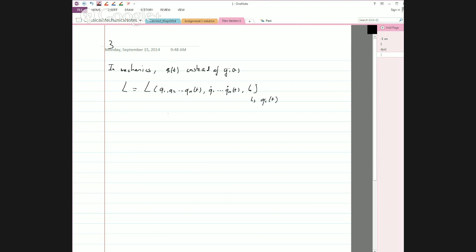And so what you get in this case is one Euler-Lagrange equation per degree of freedom.